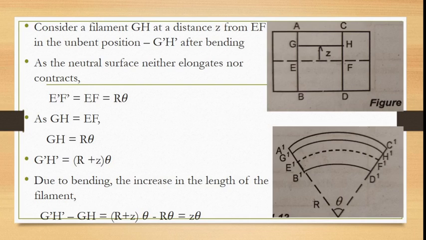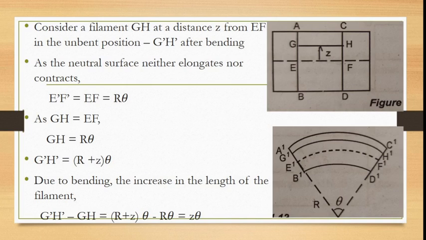Now how will we find the value of EF or E dash F dash? We have the relation: angle is equal to arc by radius. Here angle is theta, so theta is equal to arc E dash F dash by radius r.